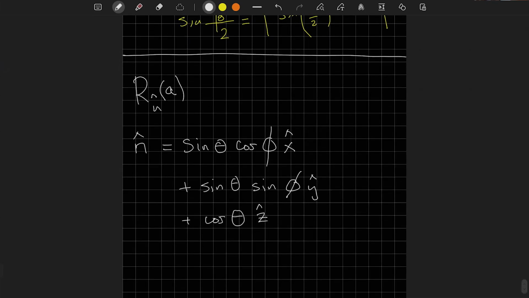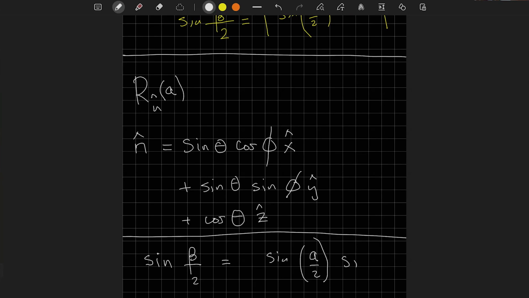Now with this definition, I have the following. The definition is that my angle beta satisfies sine of beta by 2 equals sine of A by 2, which is the amount of rotation, times sine of theta.